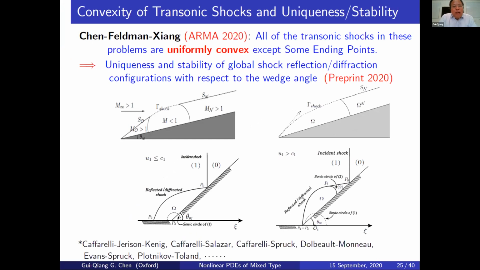So we also study whether those transonic shocks are convex. We eventually found a way to prove that those transonic shocks are actually uniformly convex, except at the ending points. Away from the ending points, always uniformly convex. This really helps us prove uniqueness and stability of global shock configurations and those kinds of problems. This is still a preprint; we will post it on arXiv maybe soon.